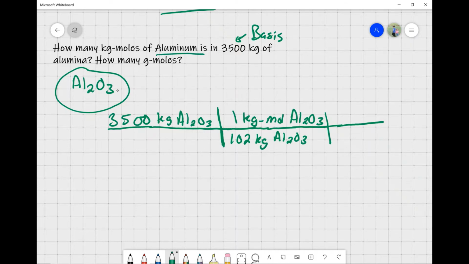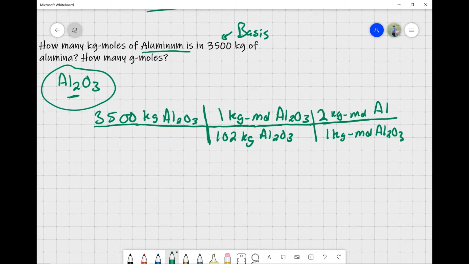For 1 kilogram mole of alumina, there's 1 kilogram mole, oops, I messed up. There's 2, because it's Al2O3. So 2 kilogram moles of aluminum. You all see that, hopefully.